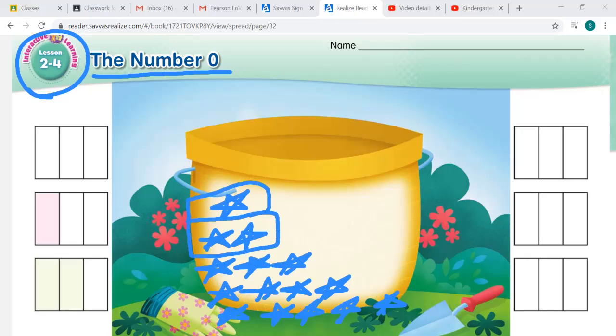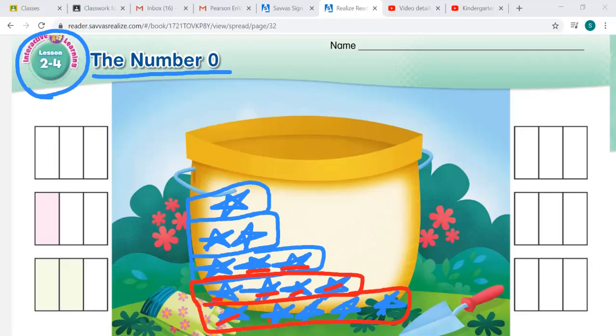How many stars do we have in our second group? 2 stars. How about in our third group? Let's change this color. Let's count it. 1, 2, 3. 3 stars. Over here we have 1, 2, 3, 4 stars. And in our last group, we have 1, 2, 3, 4, 5 stars. All right, let's count this one. 1, 2, and 1.